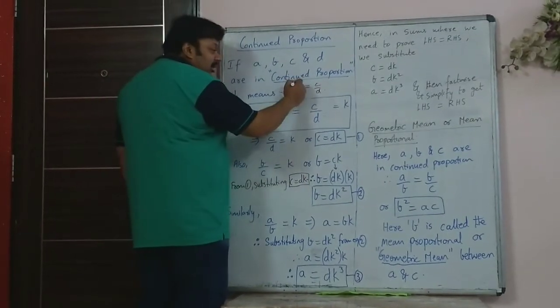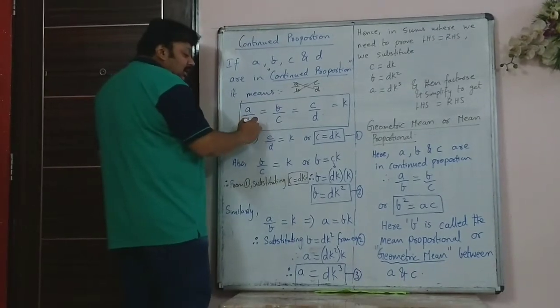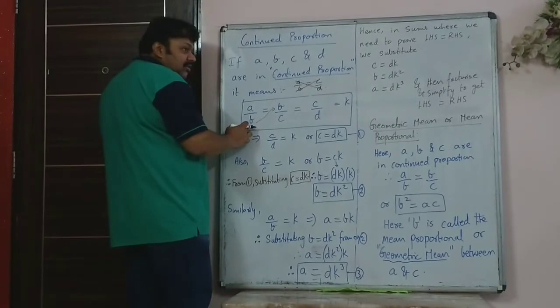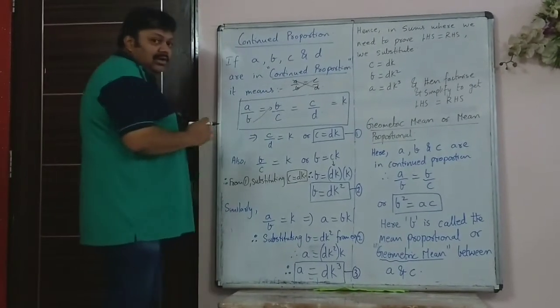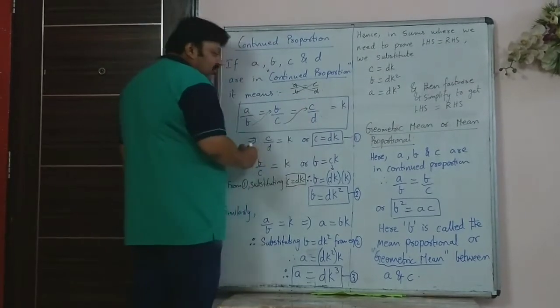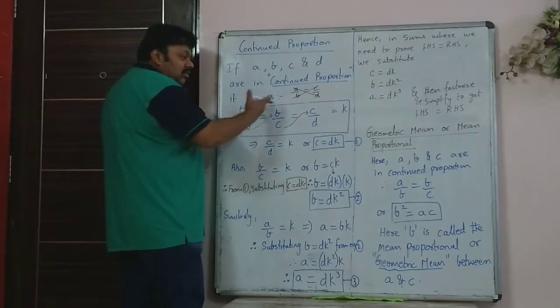But now it is not written this way. It is written A upon B is equal to B upon C. So the denominator in the first ratio will be the numerator of the second ratio. Similarly, denominator of second ratio will be numerator of third ratio, and so on. So that's how it goes.